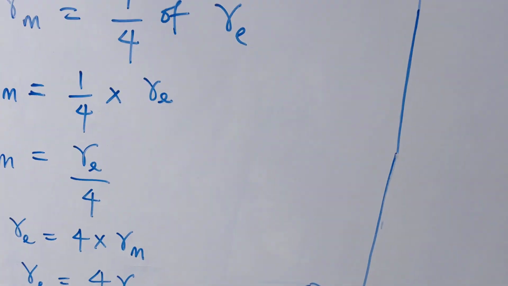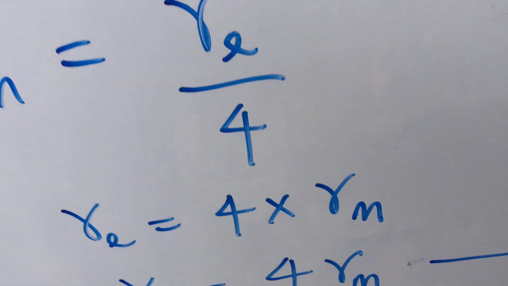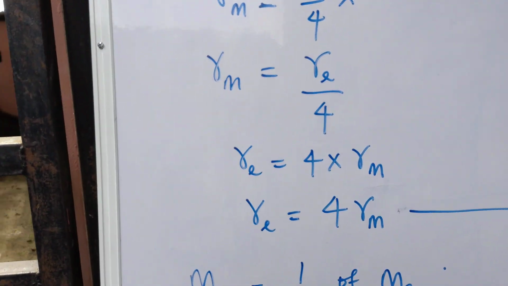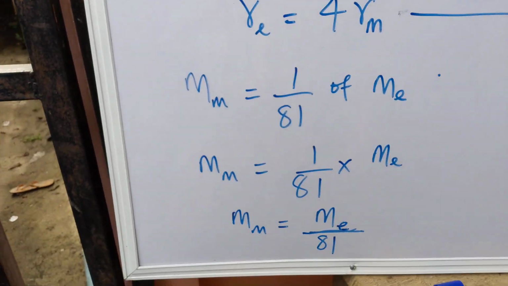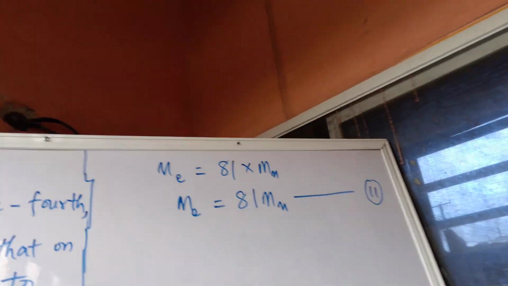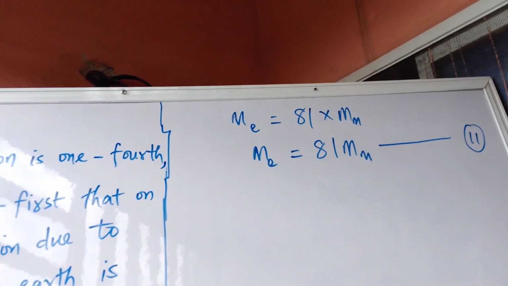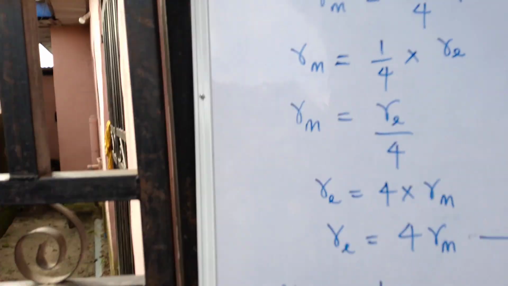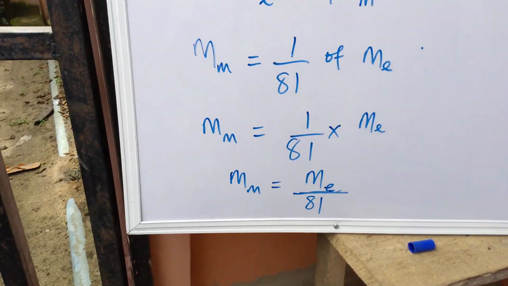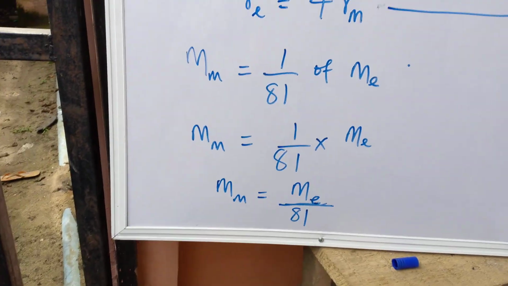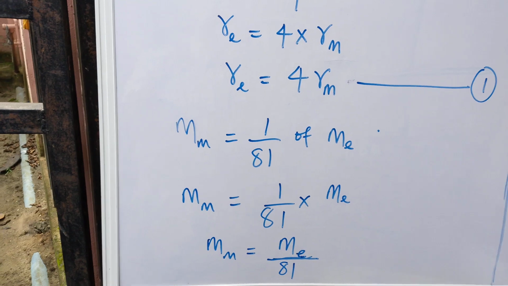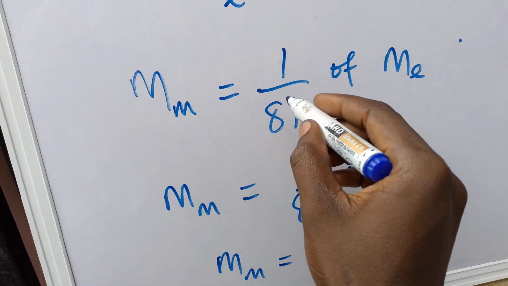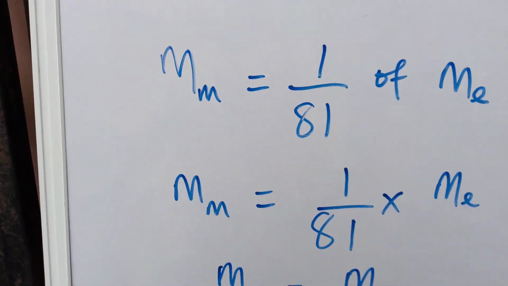So we arrived at that. First, we obtained that the radius of the Earth is 4 times the radius of the moon. And then secondly, we obtained that the mass of the Earth is 81 times the mass of the moon. Initially we are told that the mass of the moon is 1/81 of the mass of the Earth. Now if it is 1/81st the mass of the Earth, we have to make Me the subject of the formula.